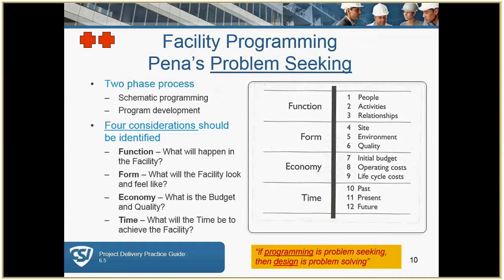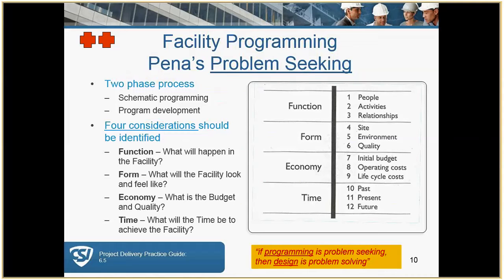So for this exam, it's a 2-phase process. There's a schematic programming and a program development. And again, 4 considerations. Understand that these are the identified 4 considerations for the exam: function, form, economy, and time.